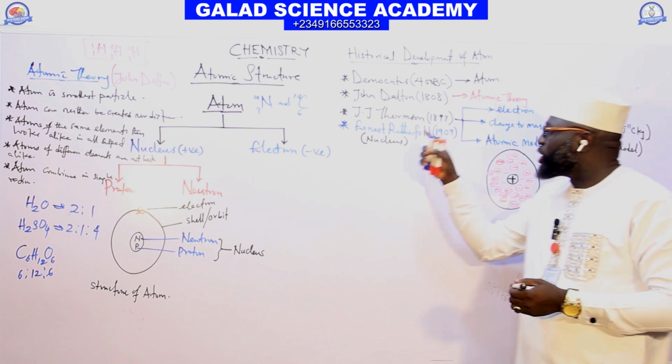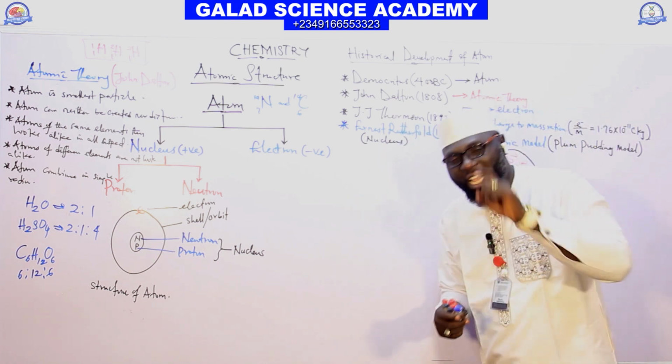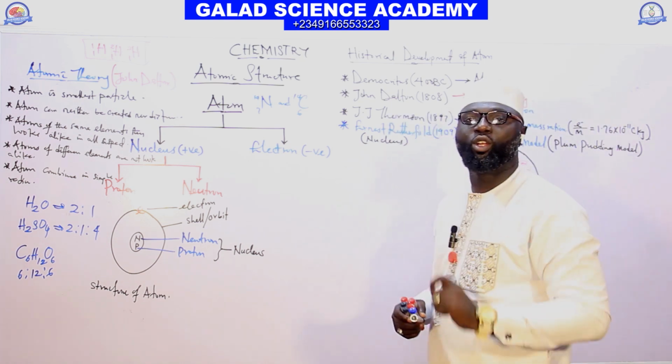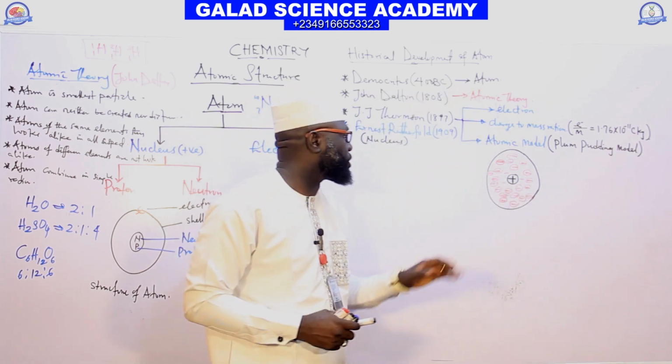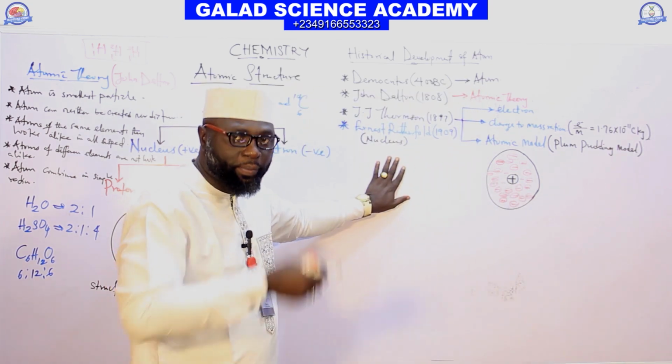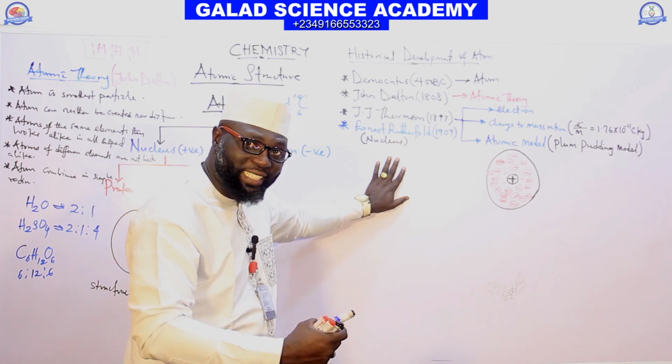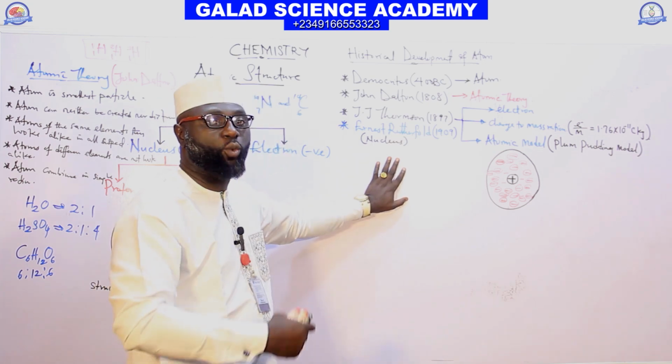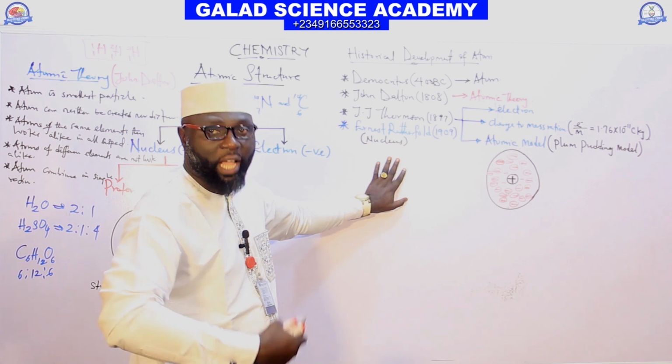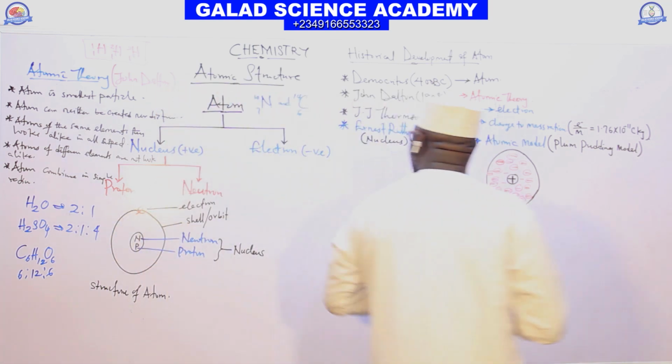So it's the one that tells us that at the center of an atom, there is a particle called the nucleus, which carries positive charge, discovered by the alpha scattering experiment, or you can also call it the Gold foil experiment.